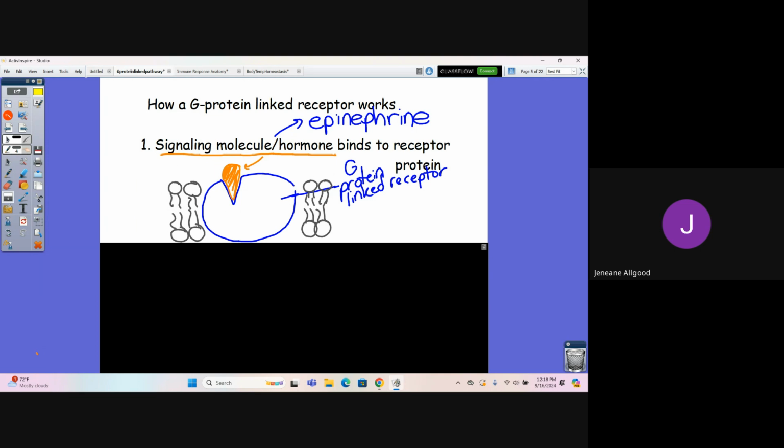And we're not really trying to get that signaling molecule into the cell. We're trying to get it to have an effect on something going on in the cell, but I don't actually need epinephrine to get into the cell. I need its chemical message to get into the cell. So that's the first step.